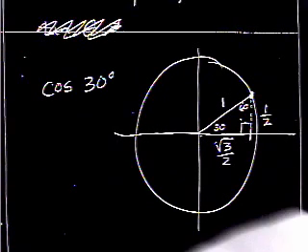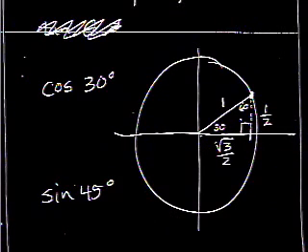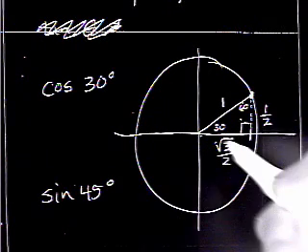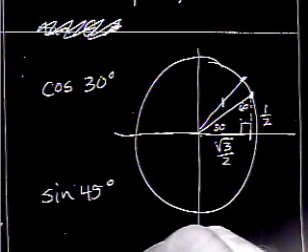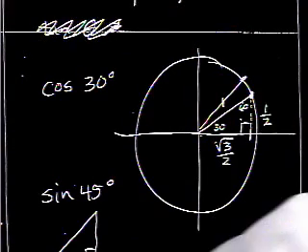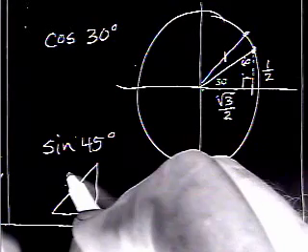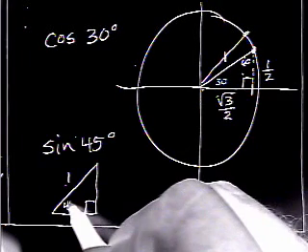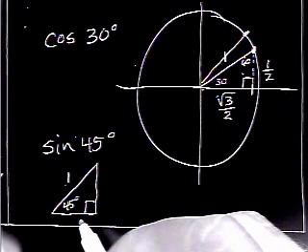I'm also going to ask you things like the sine of 45 degrees. Well, think about that. 45 degrees. Now, I'll redraw it so that it's not so difficult to see because I've got another triangle there. But we have a triangle with a 45-degree angle and a hypotenuse of 1.